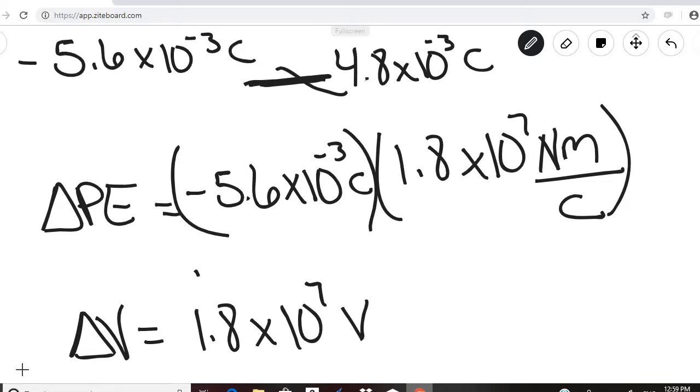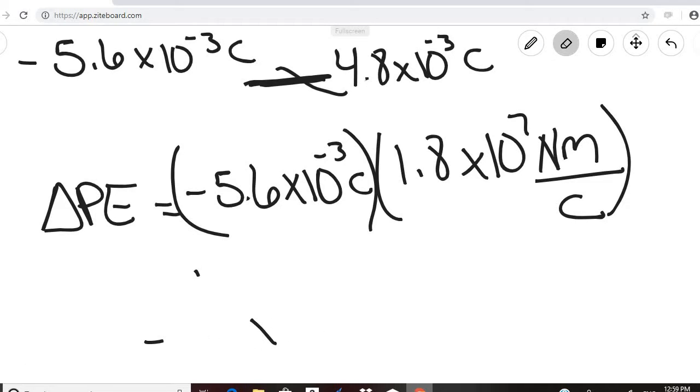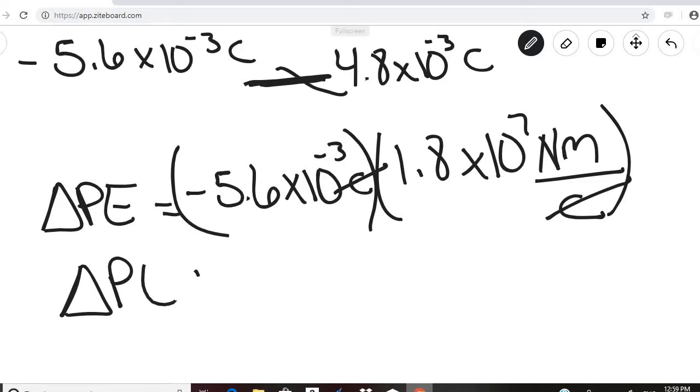That's what a volt is. So the coulombs will cancel, and you'll be left with Newton meters, which is a joule, a unit for energy.